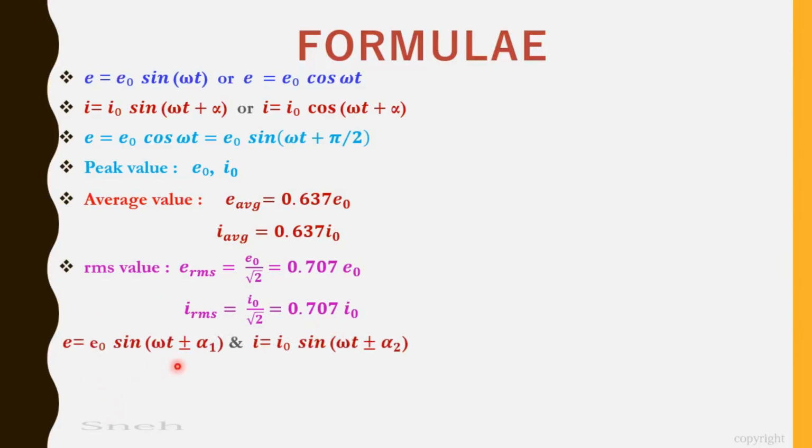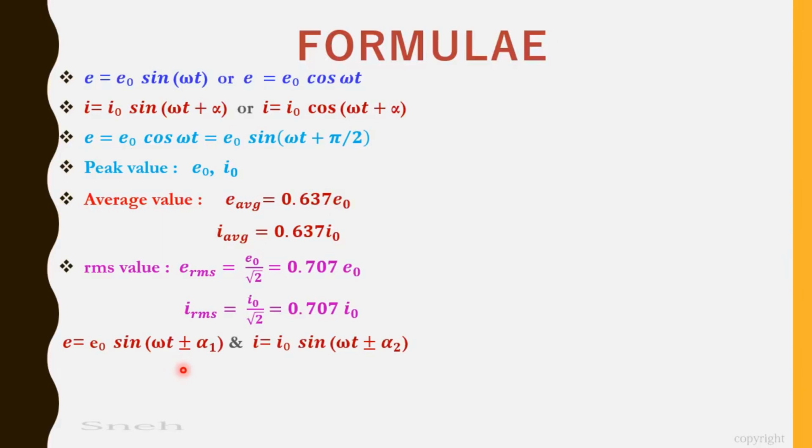E is equal to E0 sin(omega t plus or minus alpha 1), and I is equal to I0 sin(omega t plus or minus alpha 2), where alpha 1 and alpha 2 are the phases, giving the phase difference. If I consider omega t along the x-axis, alpha 1 is the angle between the line and the x-axis.